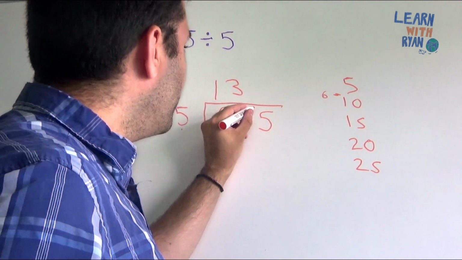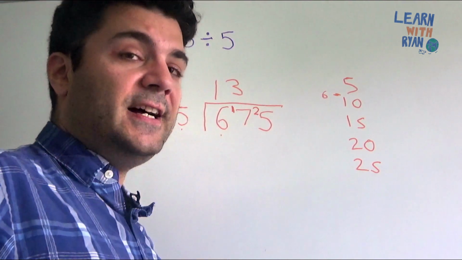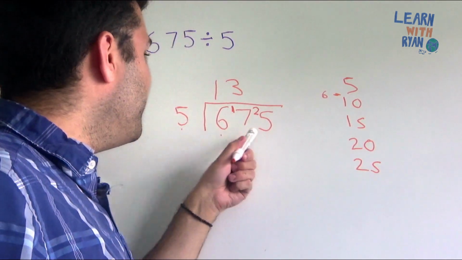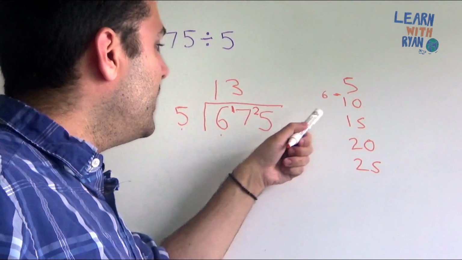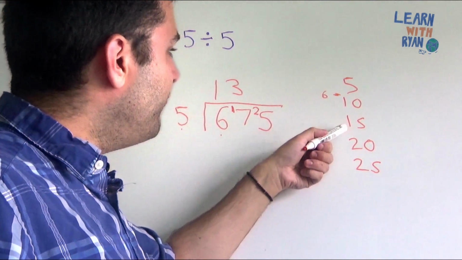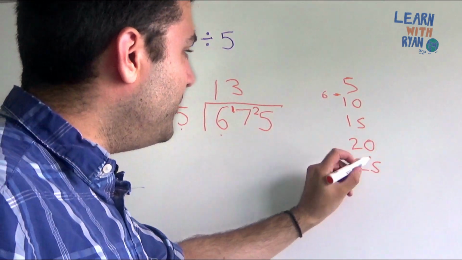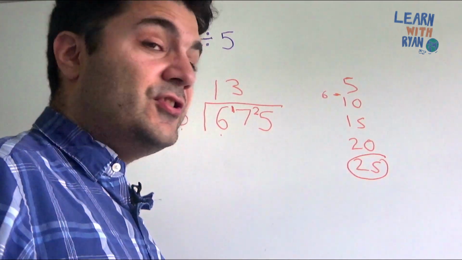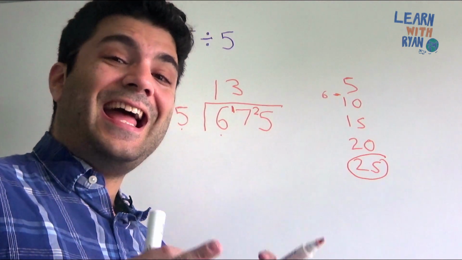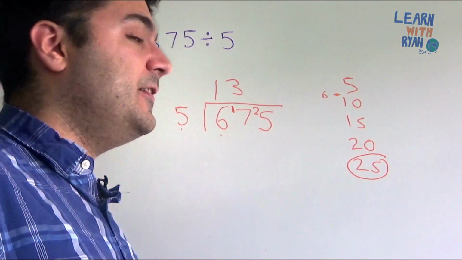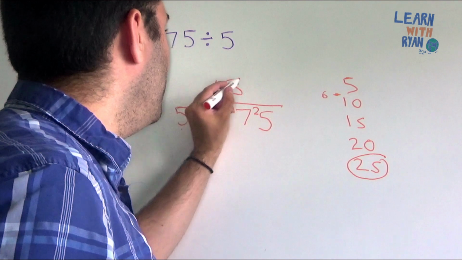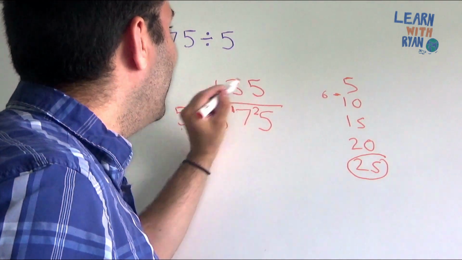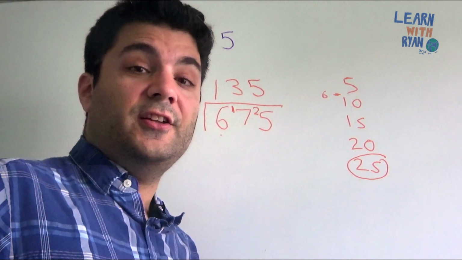The remainder of 2 I'm going to put here above the 5, and then it's how many 5s in 25? 1, 2, 3, 4, 5. Aha, we've got 25 here. So we have 5 whole 5s in 25 with nothing left over. So we stop there, and my answer is 135.